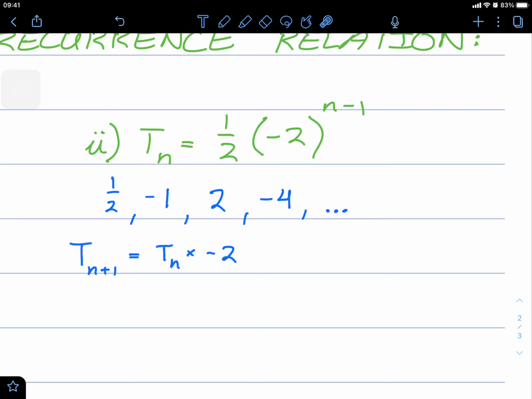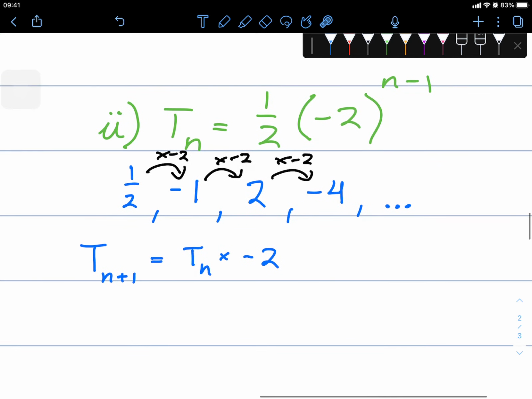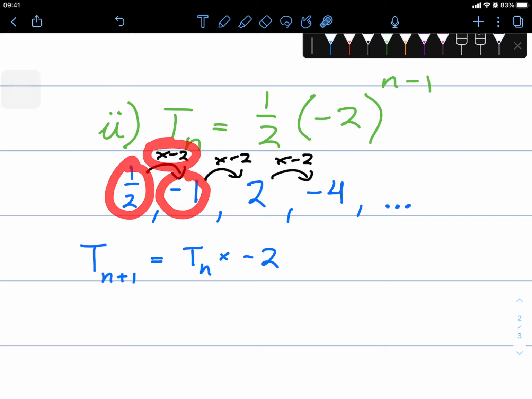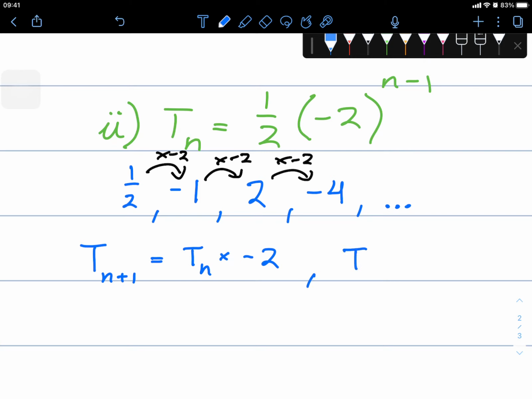Because look, from this term to this term, that's times -2, times -2, times -2. By writing this out, we can see that to get the next term, we take the current term and multiply it by -2, which is what we've written here. Oh, and I forgot to state that the first term must always be stated, t of 1 equals half. And there we have it.